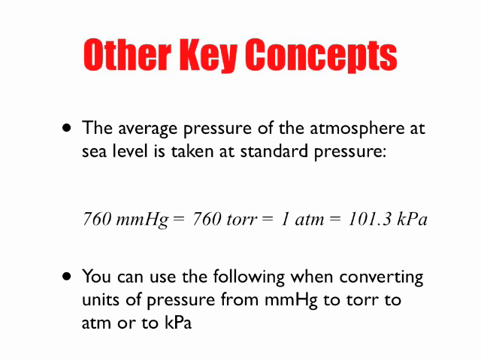These are the more common units for pressure that we will see throughout the gas laws unit. You can use the following when converting units of pressure from millimeters of mercury to torr to atmospheres or to kilopascals.